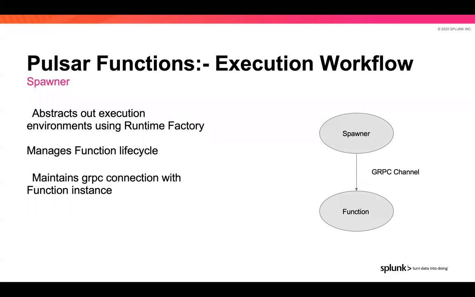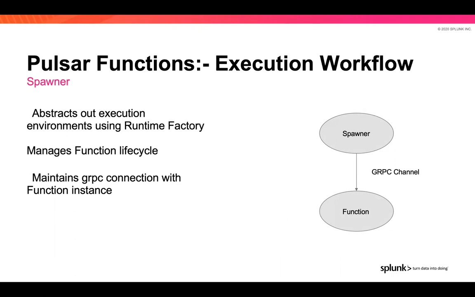It then has different spawners. Each spawner is responsible for actually running the function, and there's a spawner for each deployment type. Remember, you could run as a thread, as a process, or as a Kubernetes pod. So there's a thread spawner, a process spawner, and a corresponding Kubernetes spawner.